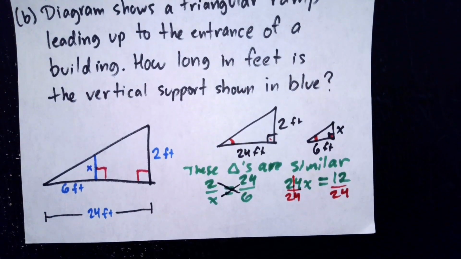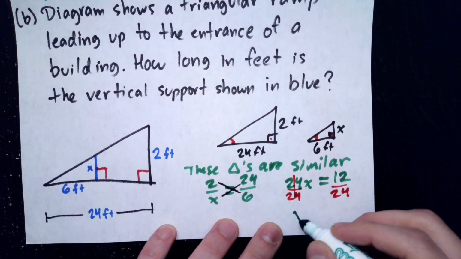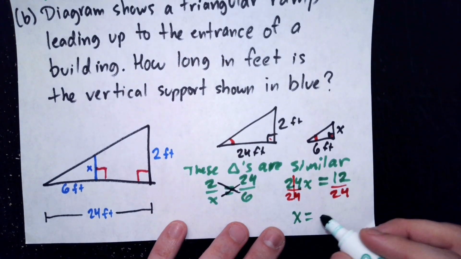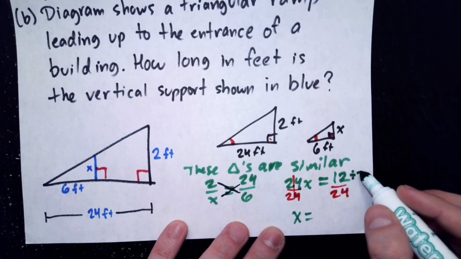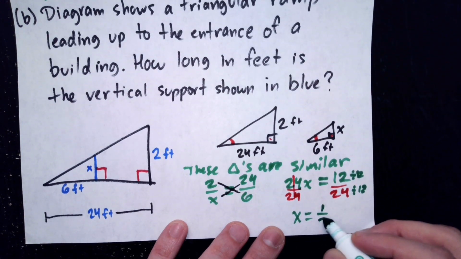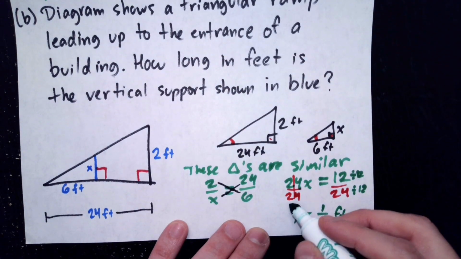So this right here is big 1. 1 times x is just x. And 12 divided by 24, that's actually 1/2. If we simplify, we can divide both of these by 12. And so we'll get that x is actually 1/2 feet long.